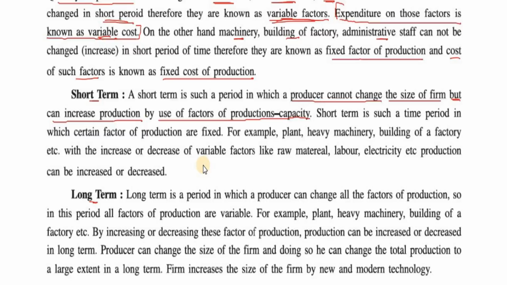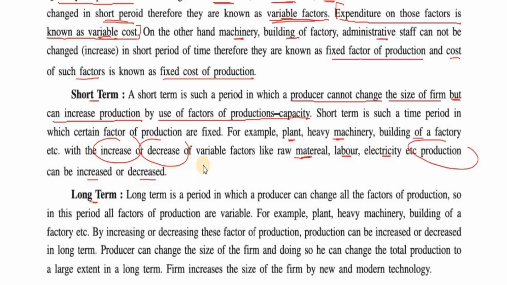So short term is such a time period in which certain factor of production are fixed, like the plant, the machinery, the building, right? They will be fixed, but the variable factors like raw material, labor, electricity, we can increase or decrease these variable factors, and subsequently we can increase or decrease the production also, right?